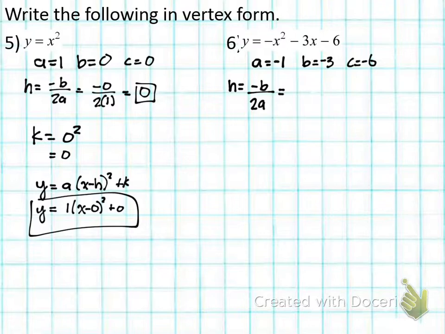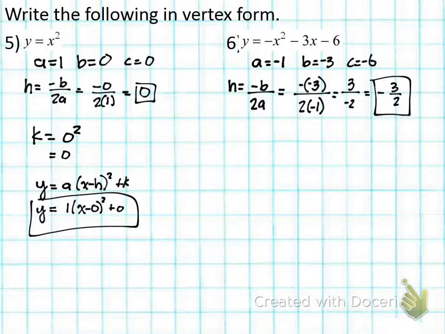B is negative B, so we got negative 3 over 2 times A, which is 2 times negative 1. Negative 3 is really like saying positive 3. 2 times negative 1 is negative 2. Negative 3 divided by 2 is like saying negative 3 halves, okay? Just put the negative sign in the front. Uh-oh, fractions, right? That's going to be difficult. But that's our H. That's okay. We could still do this.